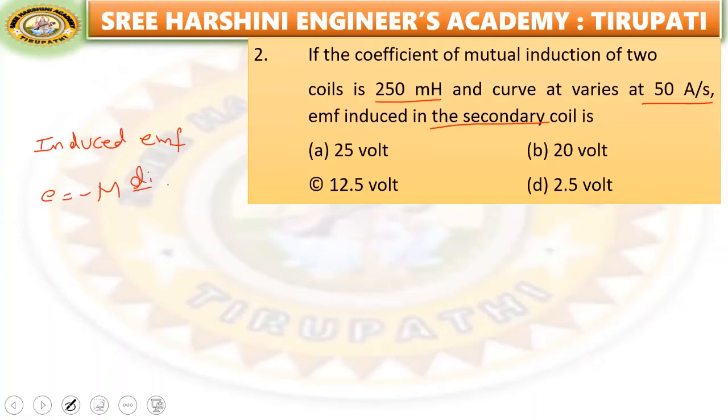M they gave is 250 into 10 power minus 3, and di by dt is 50.